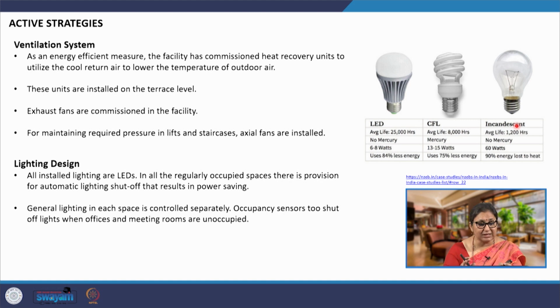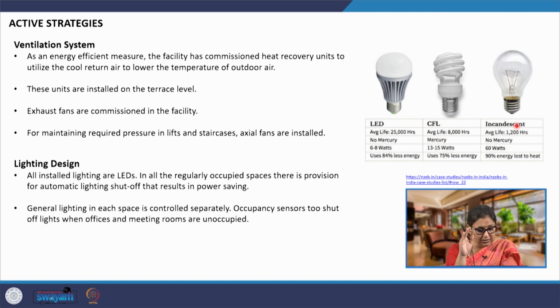Then we come to the ventilation system, which has been planned in such a manner. Unlike Chennai, Manesar in Haryana, since it is a composite climate, will also witness severe winter months. So, they have also commissioned heat recovery units to utilize the cool return air and also to utilize the heated air in the winter months.